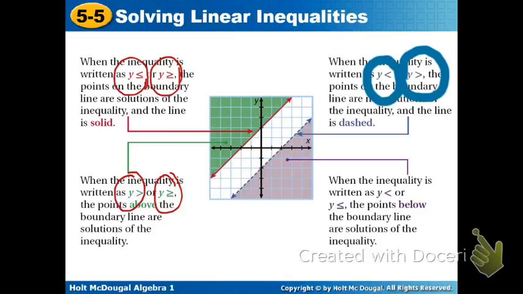On the flip side of that, we have the less than or equal to, or less than. If it is less than the line, or less than the inequality equation, whatever is given, you're going to shade below the line. So let's give this a shot.